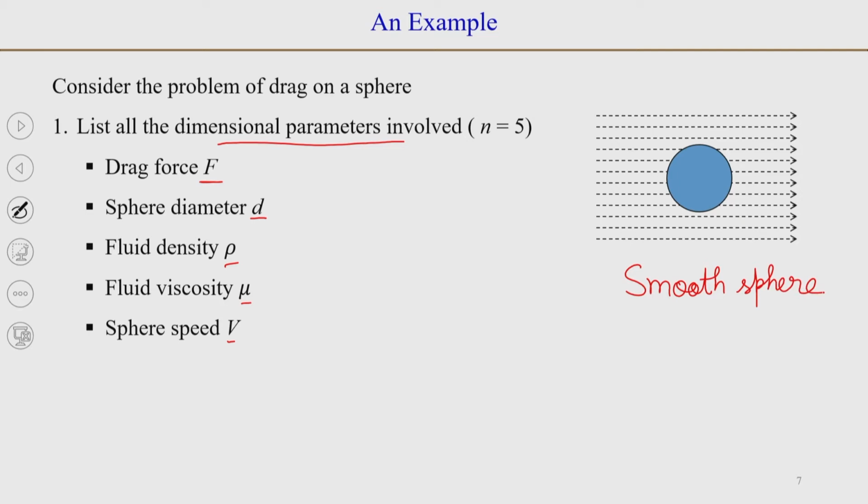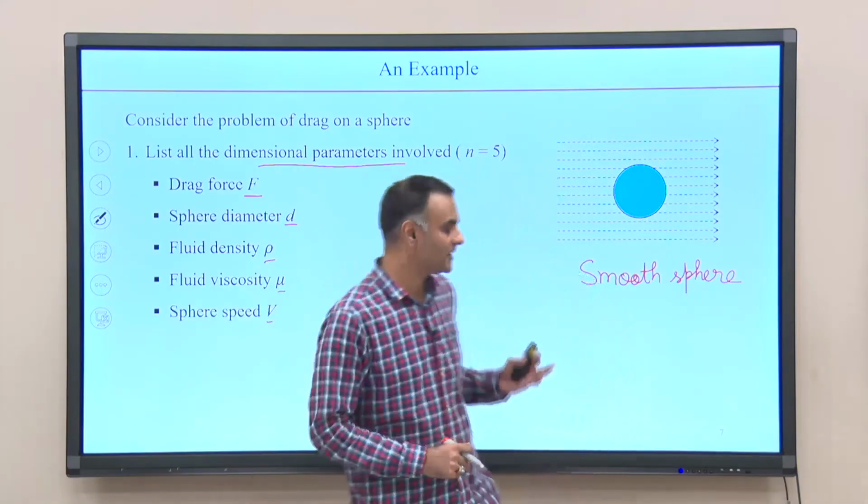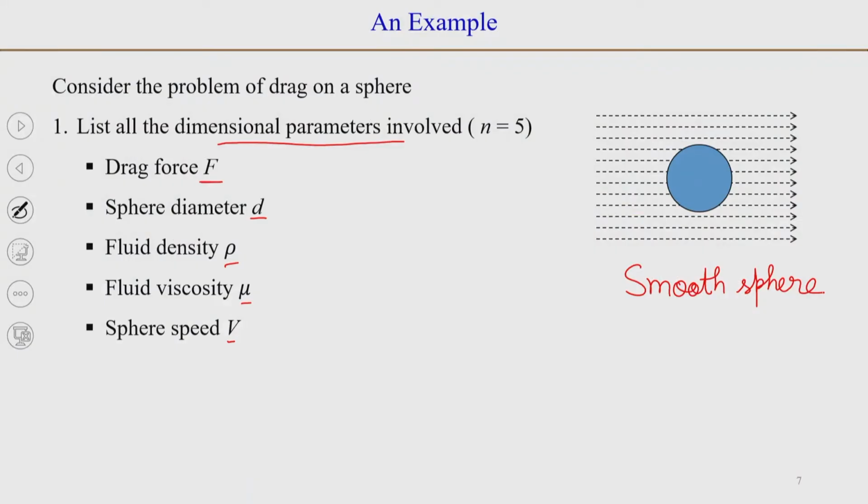In other cases, where it is a free surface problem and the sphere is not completely submerged, gravity may also come into the picture, but again we consider that the sphere is immersed or submerged in the fluid.